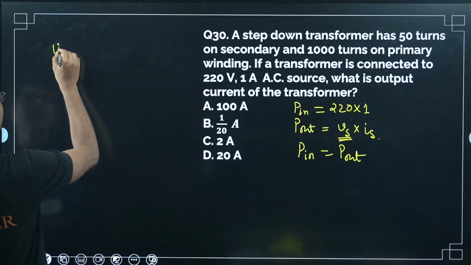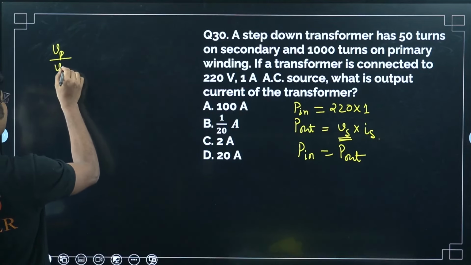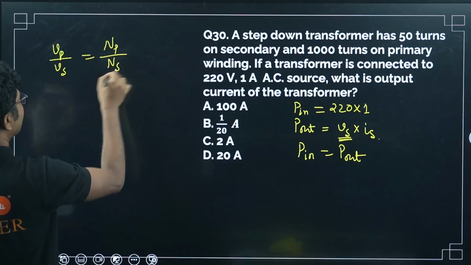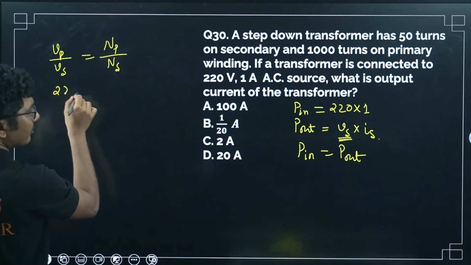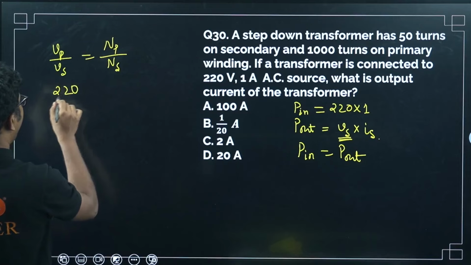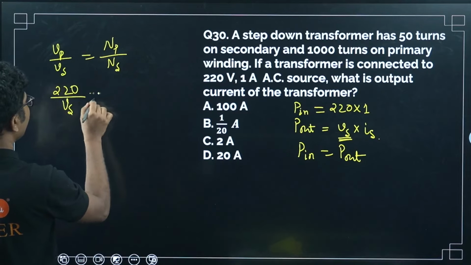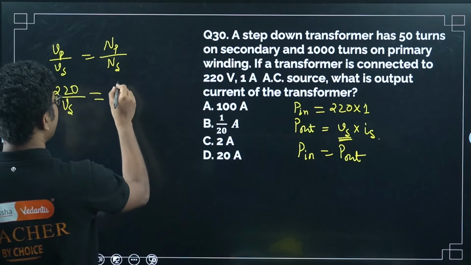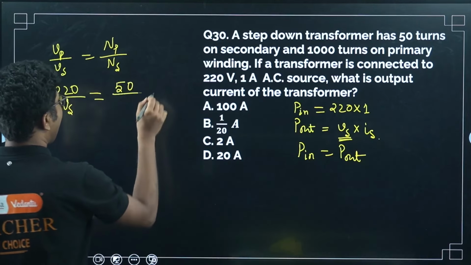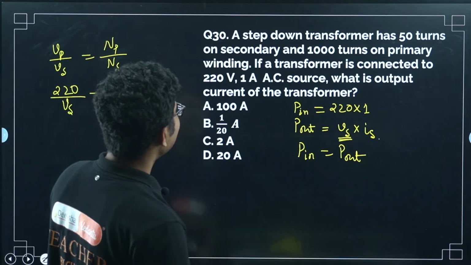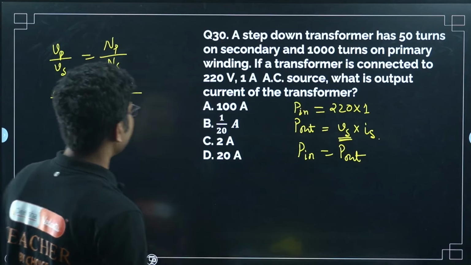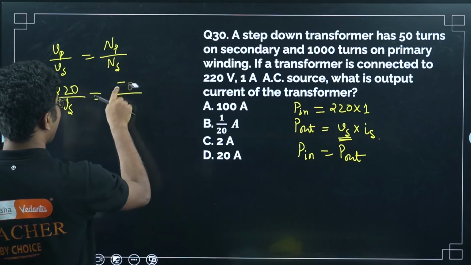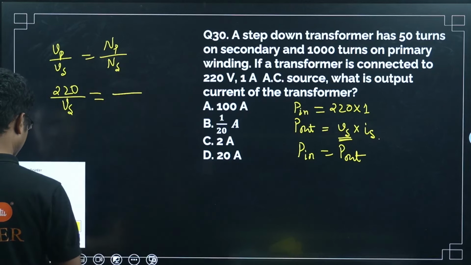So we know that Vp by Vs equals Np by Ns. So Vp is 220 volts, Vs we don't know, Np is 1000 and Ns is 50.